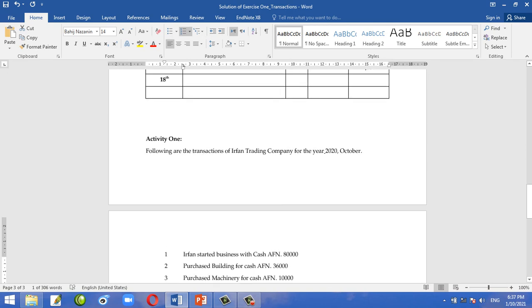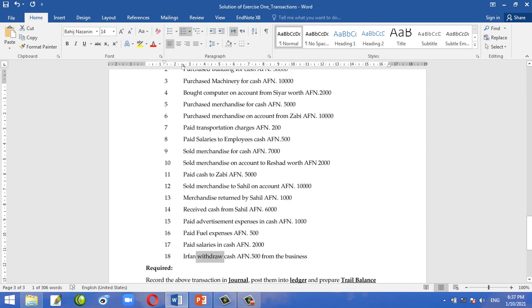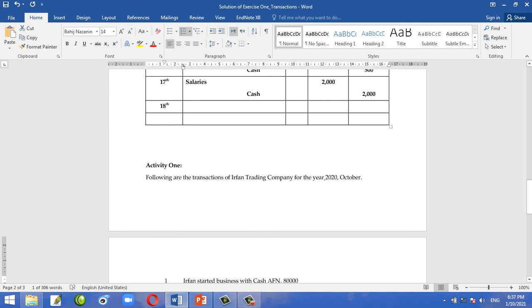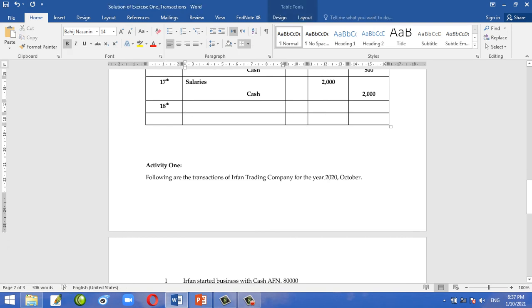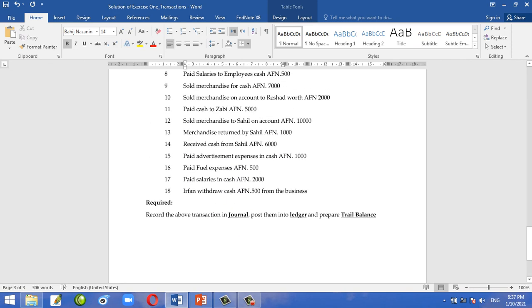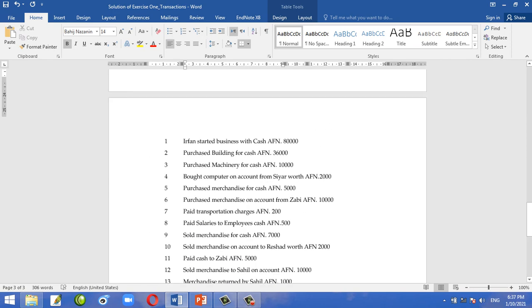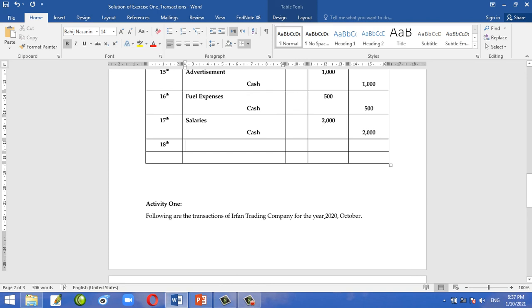Withdraw is drawing for the business, but this is an expense for the owner of the business, not an expense for the organization. If this is an expense for the organization, we can record it for the organization. But here, that one is the personal expense of the owner of the organization.